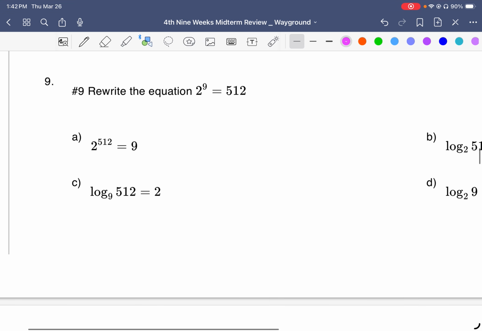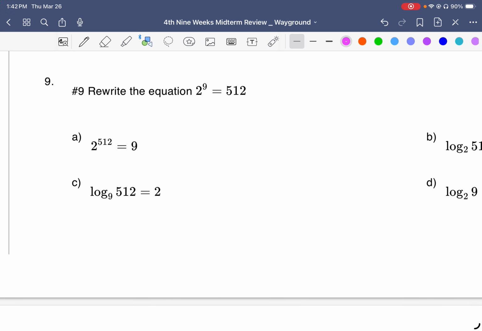Question number 9 says, rewrite the equation 2 to the power of 9 equals 512. What we're going to do is, this is an exponential function, so I can rewrite this as a logarithm because they're inverses of each other. So what you do there is do your loop-de-loop.